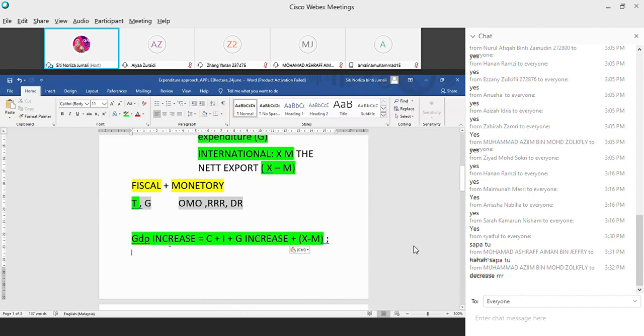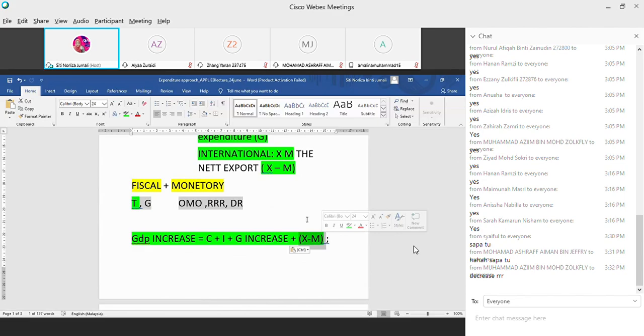What about this one? This one is export and import, which has to do with foreign currency.